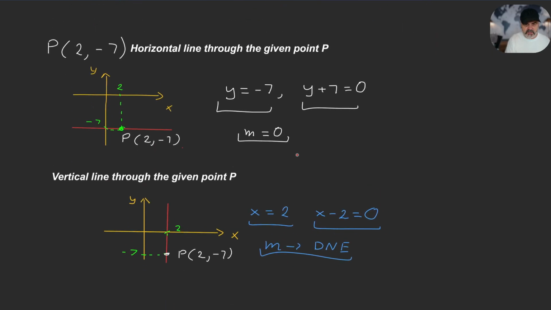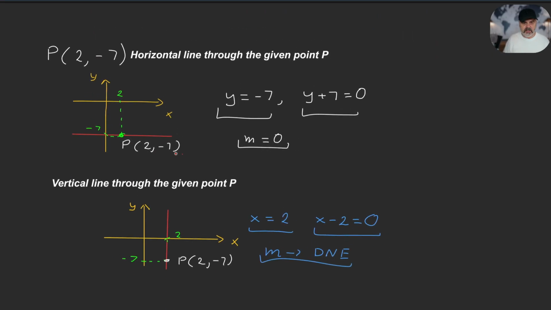So you may get sometimes a question where you have a given point and you have to come up with a unique equation of a line which is either horizontal or vertical. One point is enough. So in case point P has coordinates x is 2, y is negative 7, and the question is to find a horizontal line, then you have to imagine that the y coordinate for that point would be used for creating the equation of a line.